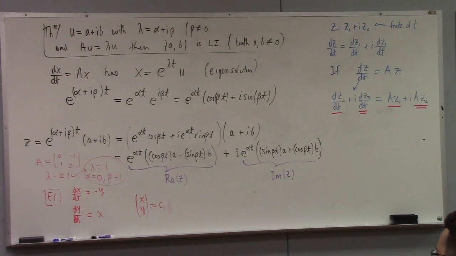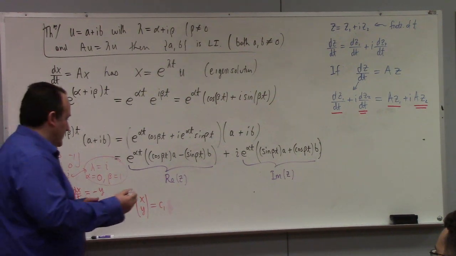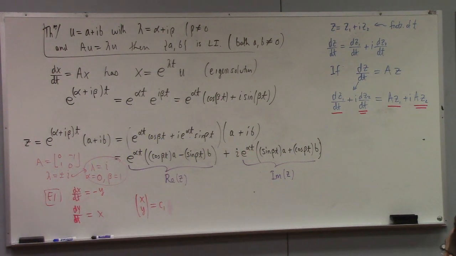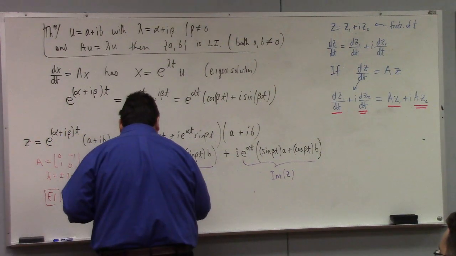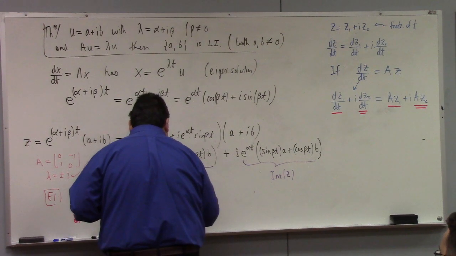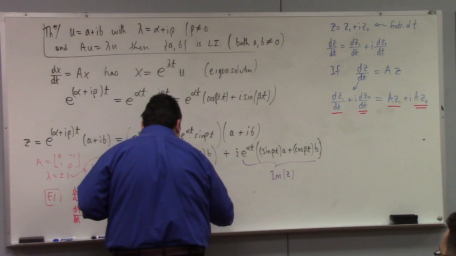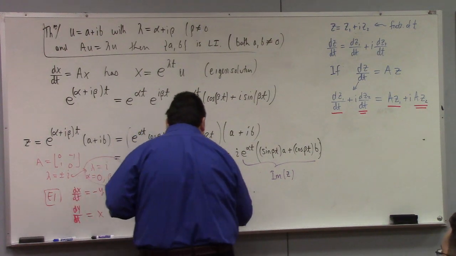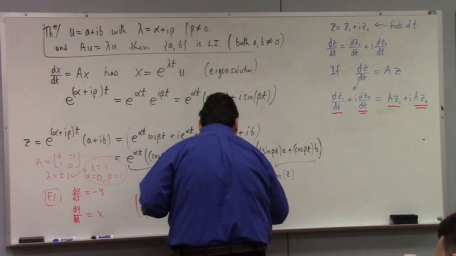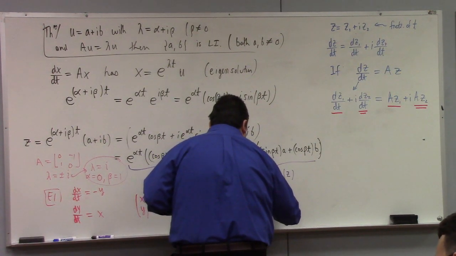So for that example, what's e to the 0? e to the 0 is just 1, and beta is 1, so we're just looking at cosines and sines. So we've got c1 times cosine t times a minus sine t times b, plus c2 times sine t times a plus cosine t times b.